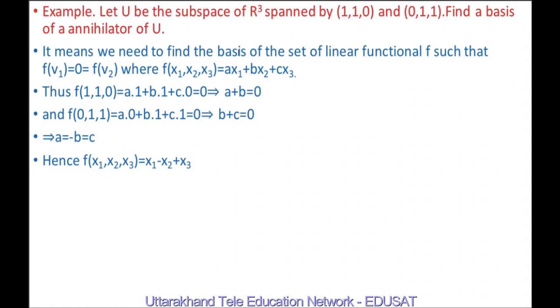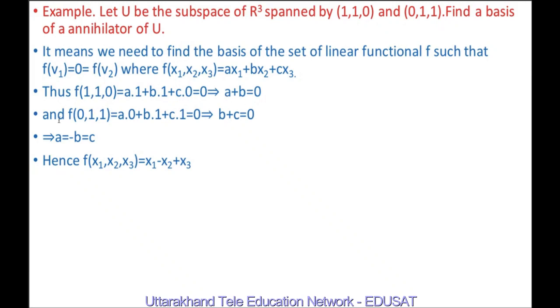It means we need to find the basis of the set of linear functionals f such that f(v1) equal to 0 and f(v2) equal to 0, by definition of annihilator, where f(x1, x2, x3) equal to a x1 plus b x2 plus c x3. Thus f(1, 1, 0) means a into 1, b into 1, c into 0 equal to 0, and this means a plus b equal to 0.